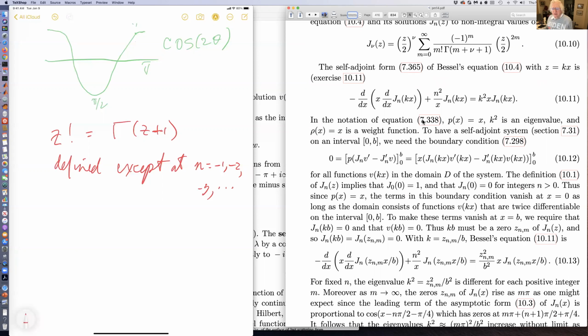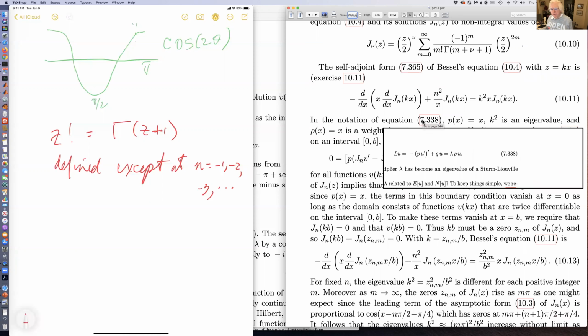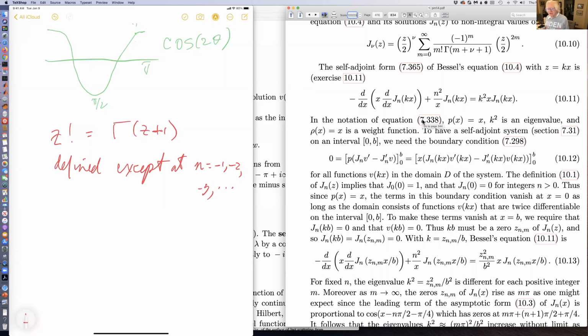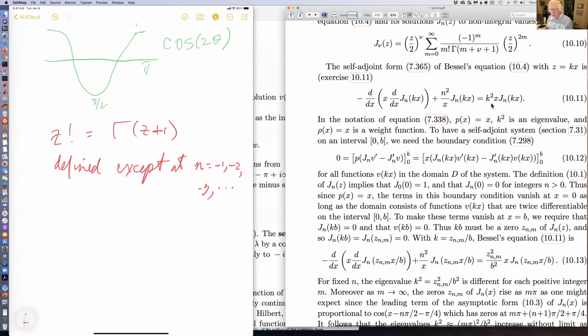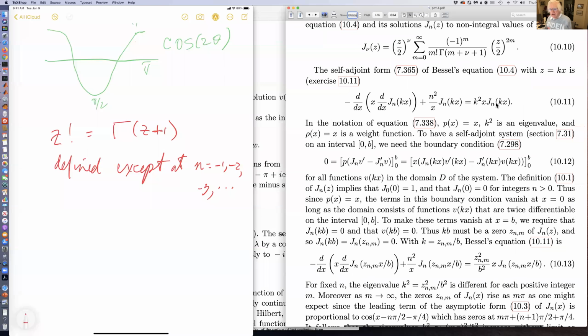If we refer to the general form of a self-adjoint Sturm-Liouville equation, then we see that p of x is x, k squared is the eigenvalue, and this x here is rho of x, the weight function. We want this to be a self-adjoint system on an interval, and so we typically pick the interval 0 to b.